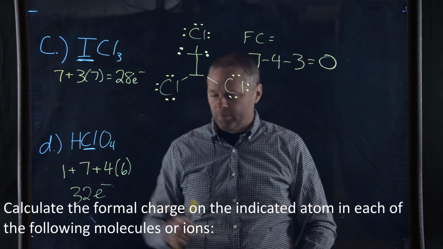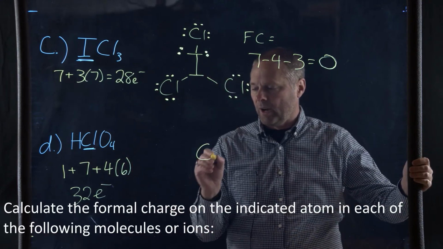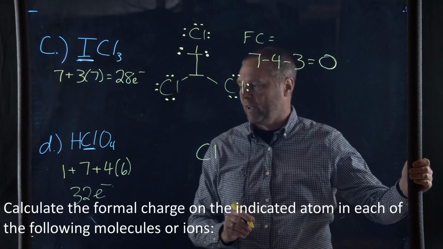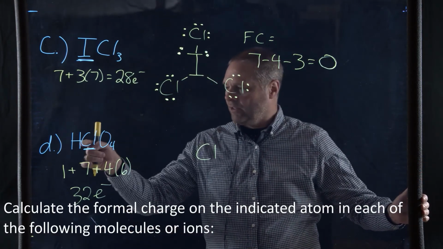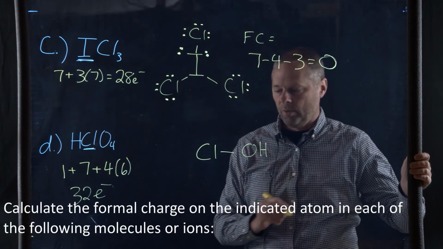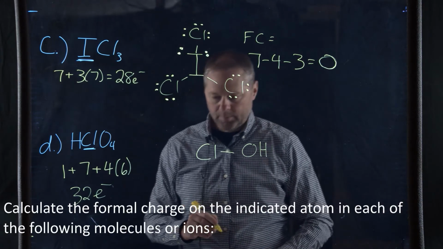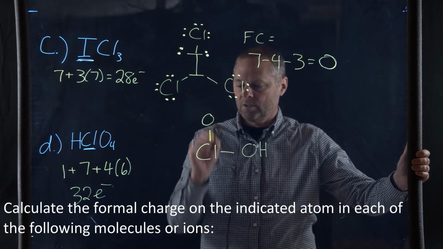Now, the way the formula was written here, we know that the chlorine is going to be the central atom. And in the instructions, it says that the hydrogen is going to be bonded to one of the oxygens. So we can just do that right there. Now, we have to account for the oxygens.